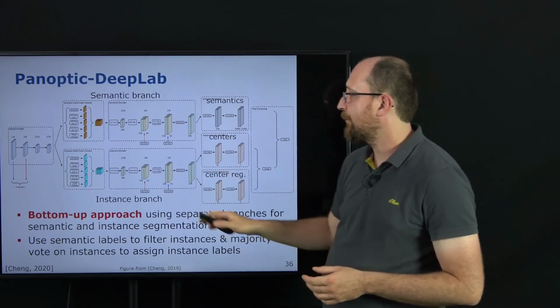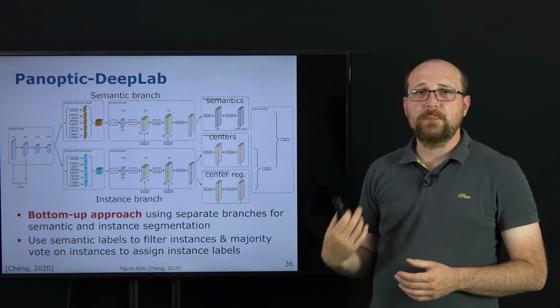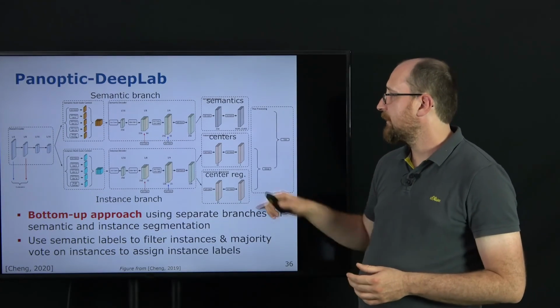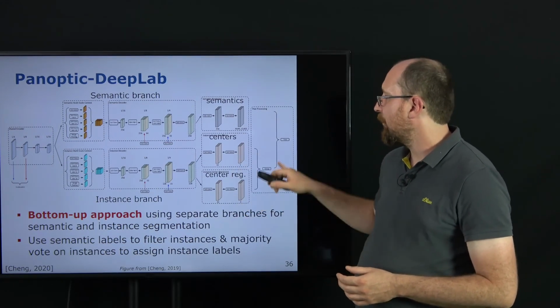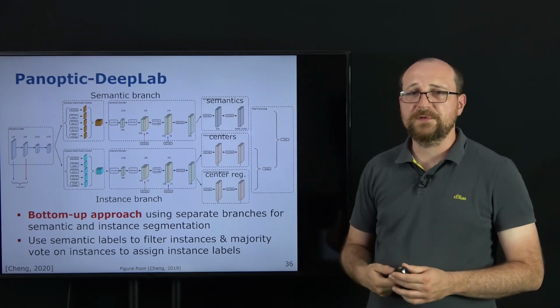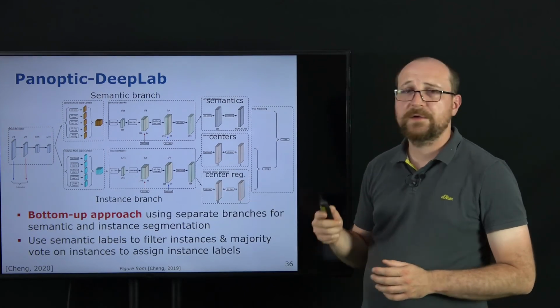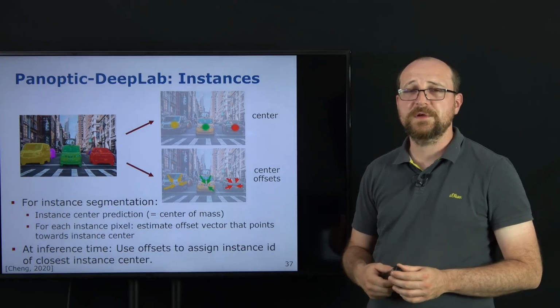And then we have one instance branch, which provides us with a bottom-up approach to determine the instances. And here we have centers and the center offsets, and then both are grouped and combined to get then the panoptic segmentation. And for the instance part, there was a particular idea to do the instance segmentation.